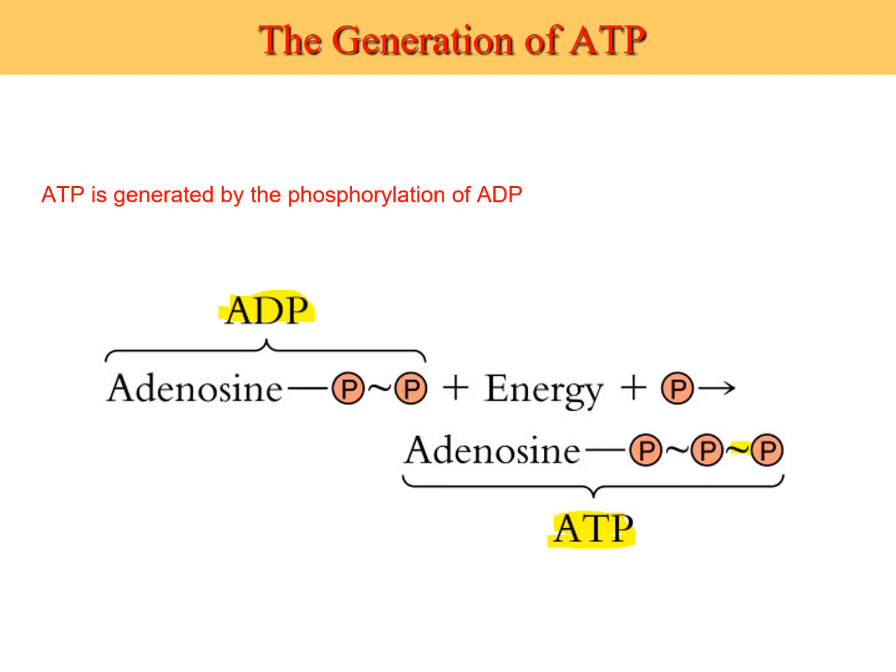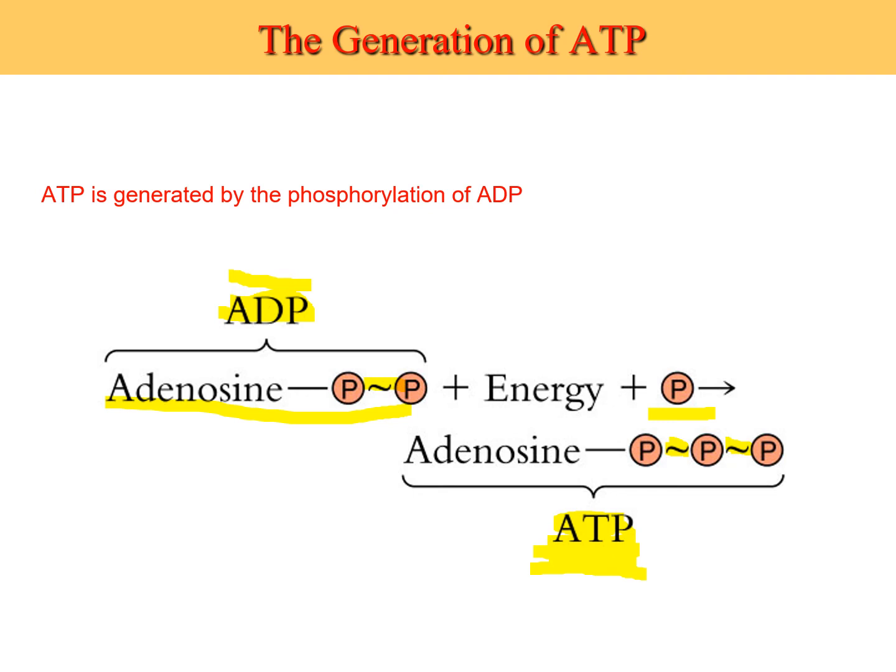So you have a lot of energy here and here, right? But ATP contains much more energy than ADP because it has an extra phosphate. The energy that is generated in redox reactions is taken up in the formation of the bond to the third phosphate, in other words, in the formation of ATP from ADP plus phosphate.